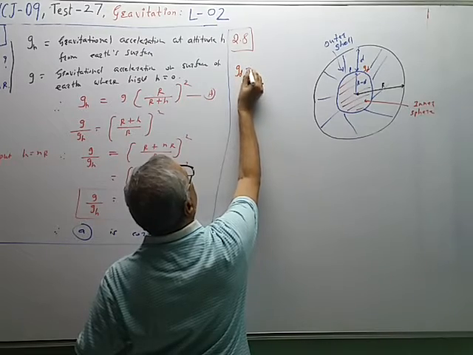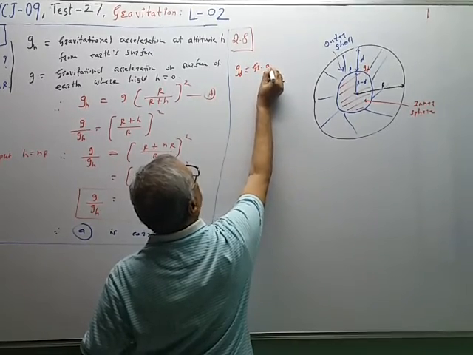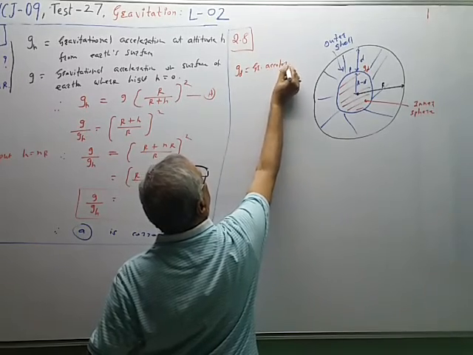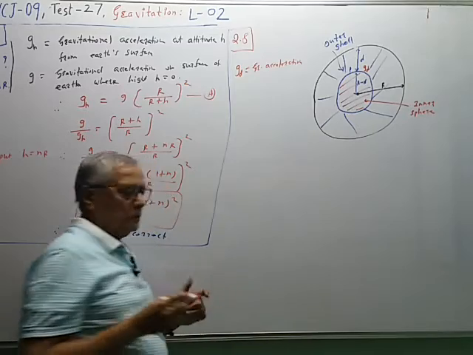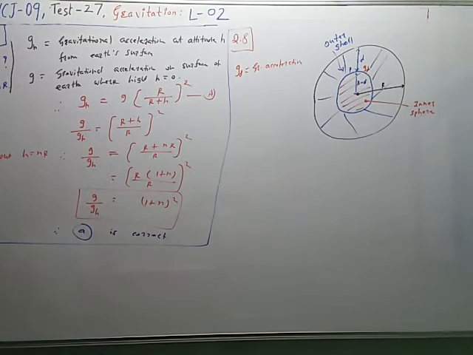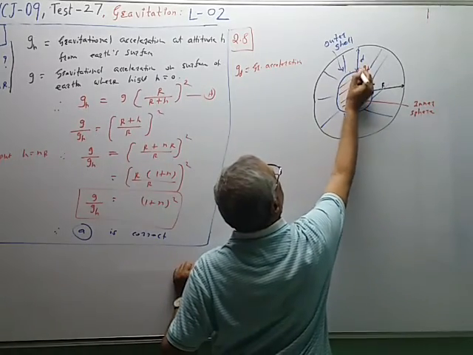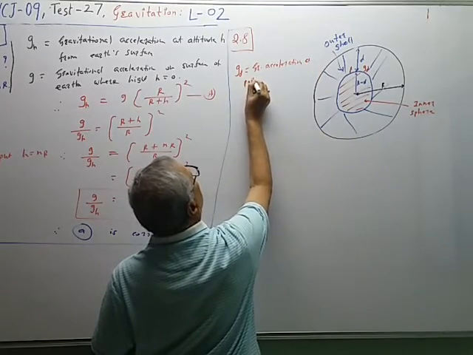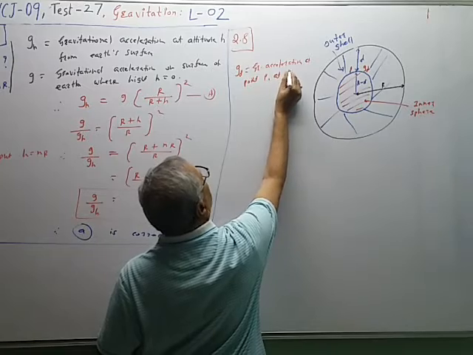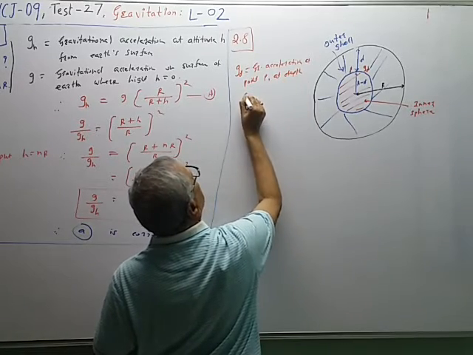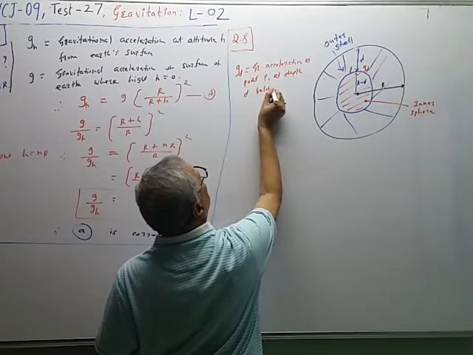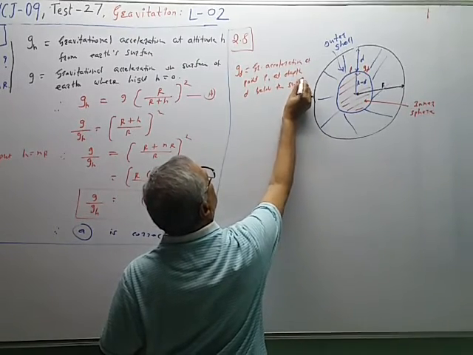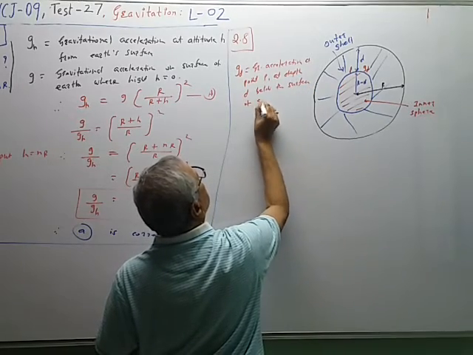gd is the gravitational acceleration at point P, at depth D below the surface of the earth.